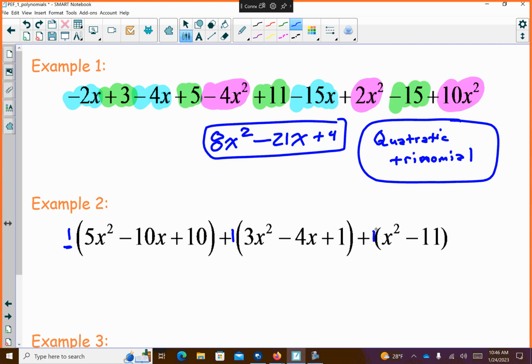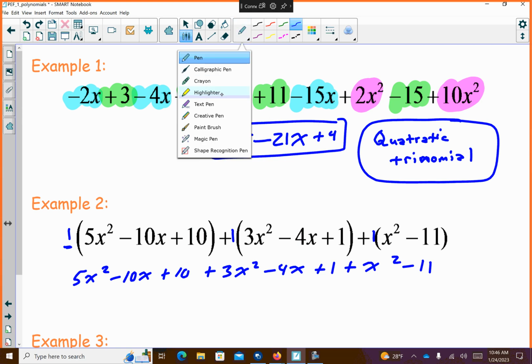So if I distribute 1 over, I can drop the parentheses and just get this. I was actually writing on the wrong one by accident. Everybody see what I did? I just distributed 1 over. 1 doesn't change anything, but I dropped the parentheses.